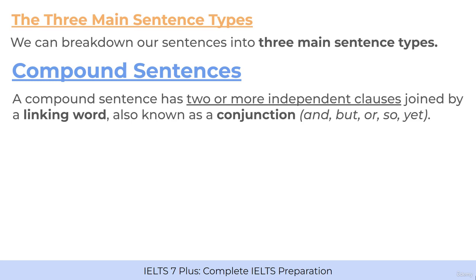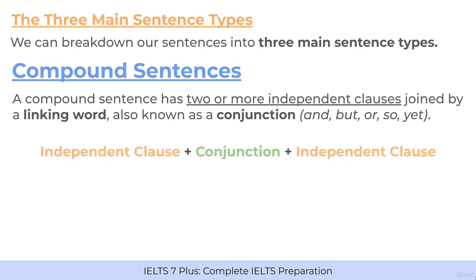Either side, we have independent clauses. Much like this. Independent clause plus a conjunction can be and, but, or, so, yet, plus others. And then an independent clause at the end. So there's 2 whole ideas joined together here. And we commonly do that within English language, both speaking and writing. Let's see an example.